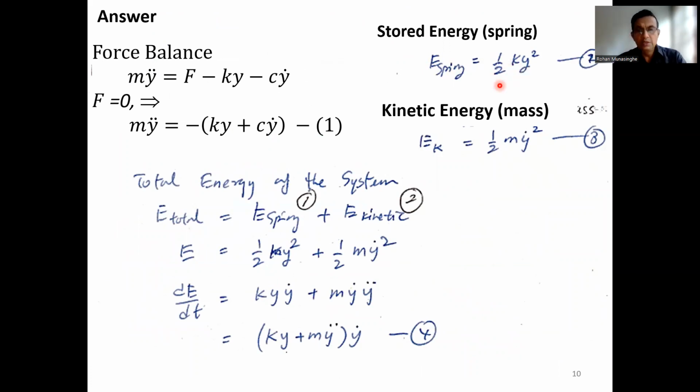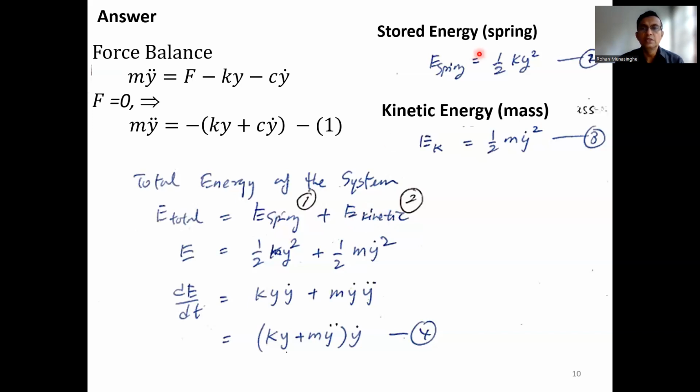Now, this energy is stored in the spring. What about the mass, which is moving? It has a velocity y dot. The mass is moving with a velocity y dot, so the energy is half m y dot square. Both the spring and the mass have some energy stored. So the total energy of the system is the addition of these two together, E spring and E mass, which is the kinetic energy of the moving object.